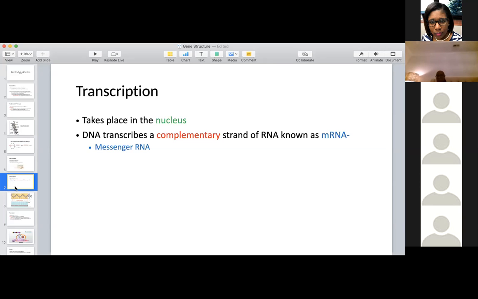What happens is DNA is going to transcribe or make a complementary strand of RNA that we'll call mRNA. So as you are following this step-by-step process that we'll call the central dogma, DNA is transcribed into RNA. Specifically, this RNA becomes a messenger, so we call it messenger RNA.